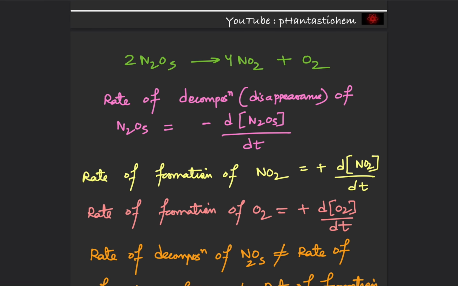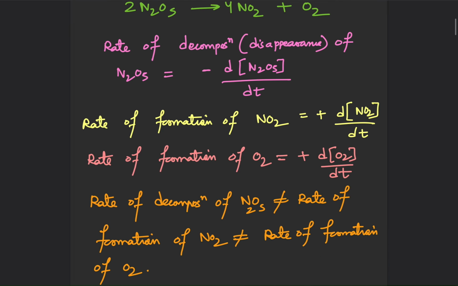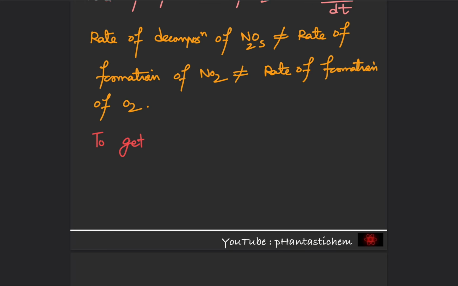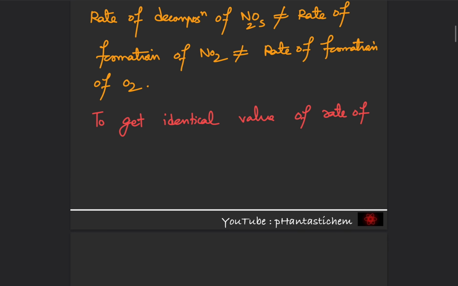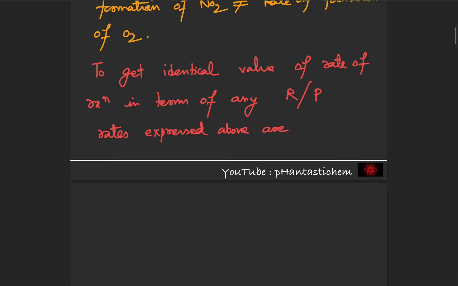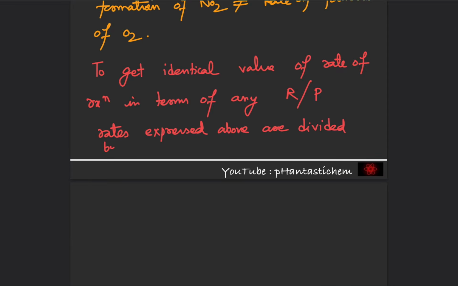Okay, so therefore, to get an identical value of rate of reaction in terms of any reactant or product, the rates expressed above, that is the rate of decomposition and the rate of formation, are divided by the stoichiometric coefficient. Very important.